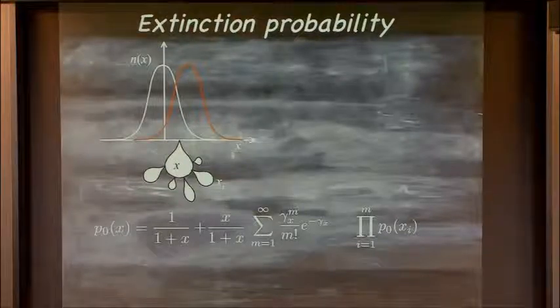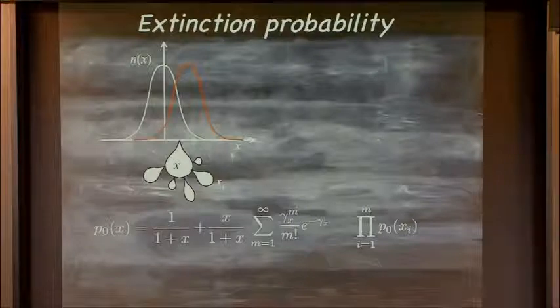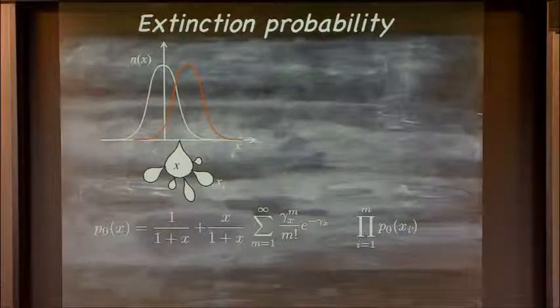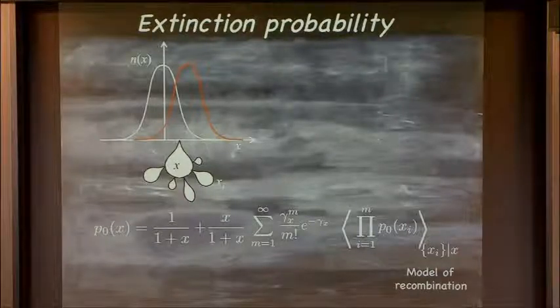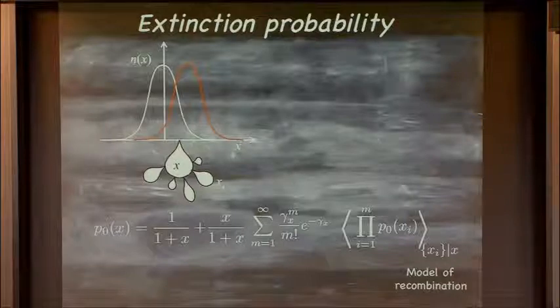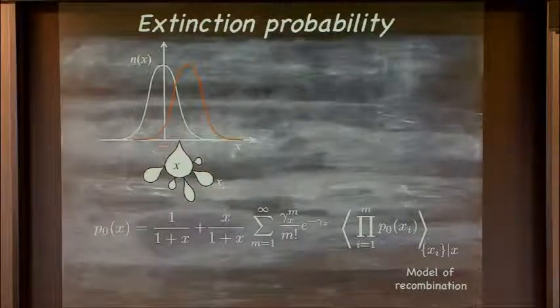So now we got ourselves an equation. It depends, of course, on exactly what new backgrounds the new clones have fallen on, and we have to average over that. And we'll have some model of recombination to tell us where the recombinant offspring are going to be distributed in the distribution. And now we have a well-defined equation that allows us to calculate the extinction probability.